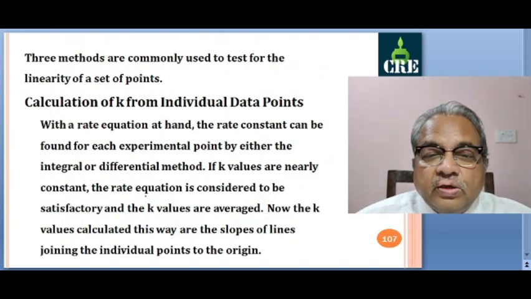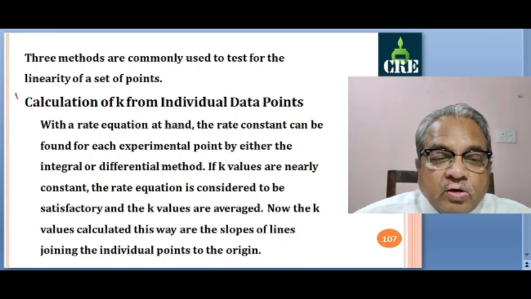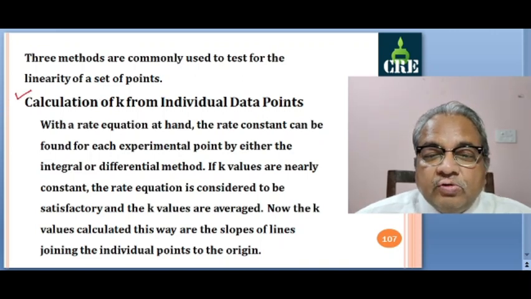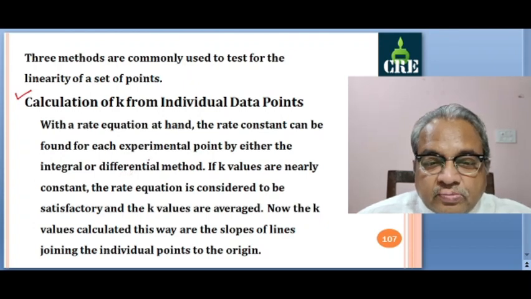Three methods are commonly used for testing the linearity of a set of points. One is calculation of the rate constant k from individual data points. If you have a rate equation, the rate constant can be found experimentally point by point, either by the integral method or the differential method.